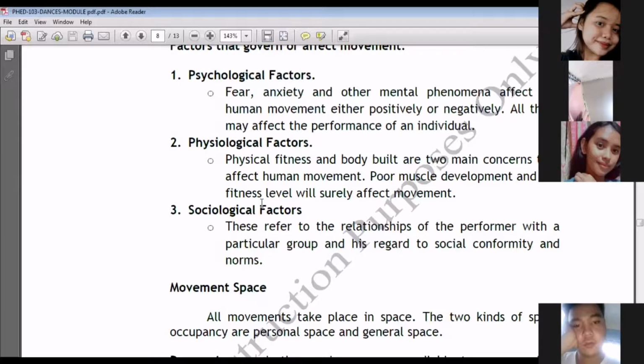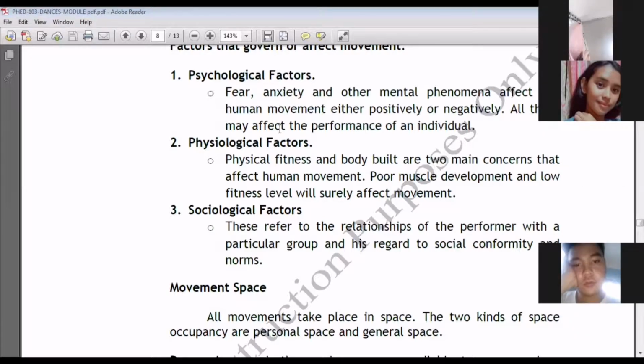These psychological factors, we may not like to admit, but it really has a big effect in us. When we are going to perform with such fear or nervousness, it may affect us because, ay, nandun yung crush ko, ayokong magpalabas.